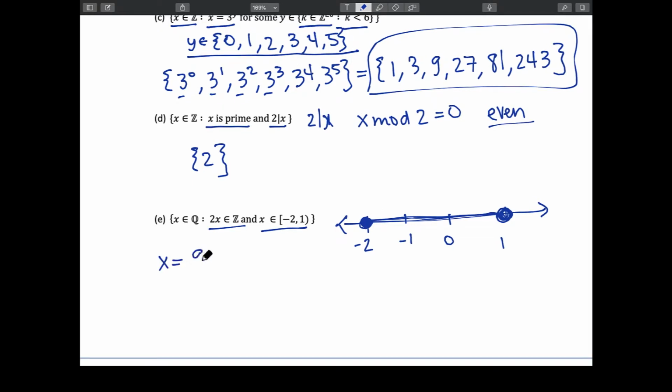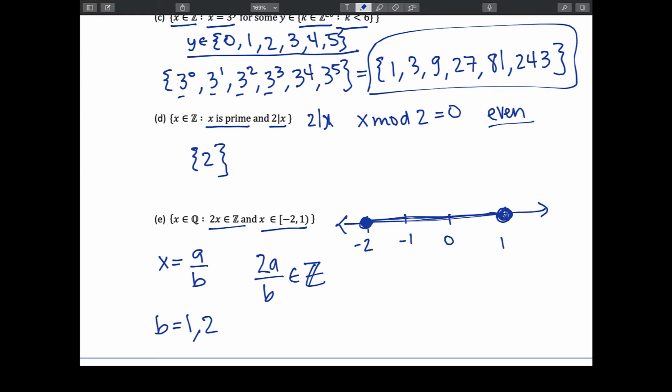Because x is in the rationals, it's something of the form a over b, where a and b are both integers. But we need 2x to be an integer. So 2a over b is an integer. And what that means is we either have b equal to 1 or b equal to 2.